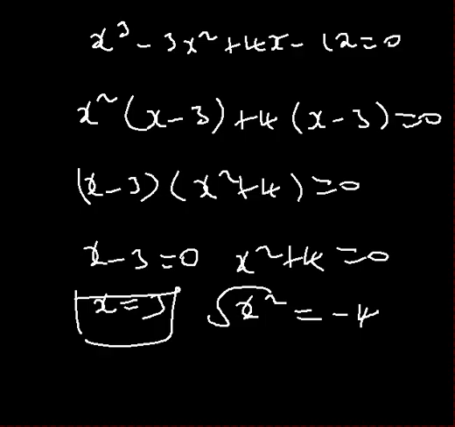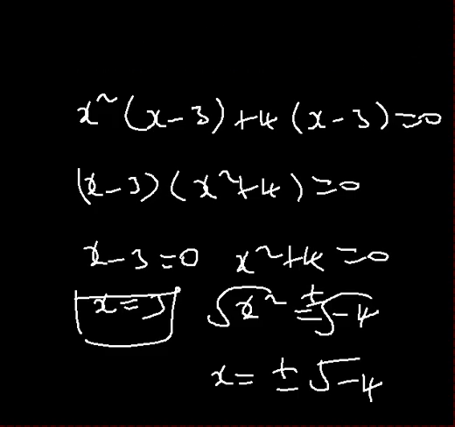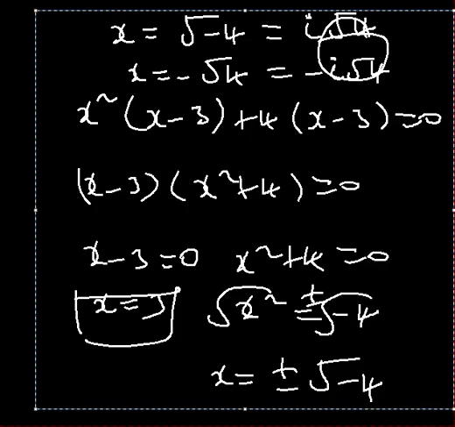We take the square root of both sides, plus or minus, so x is plus or minus the square root of negative 4. For that case, x is the positive square root of negative 4, which is i times the square root of 4, and x is the negative square root of negative 4, which is negative i times the square root of 4. So these are the solutions you can have, including x as 3.